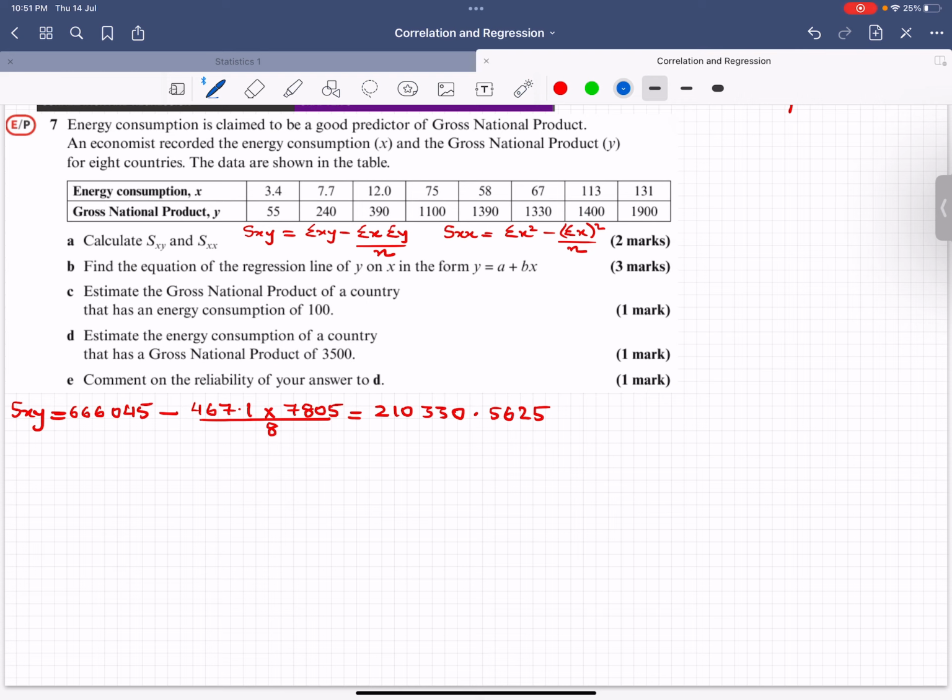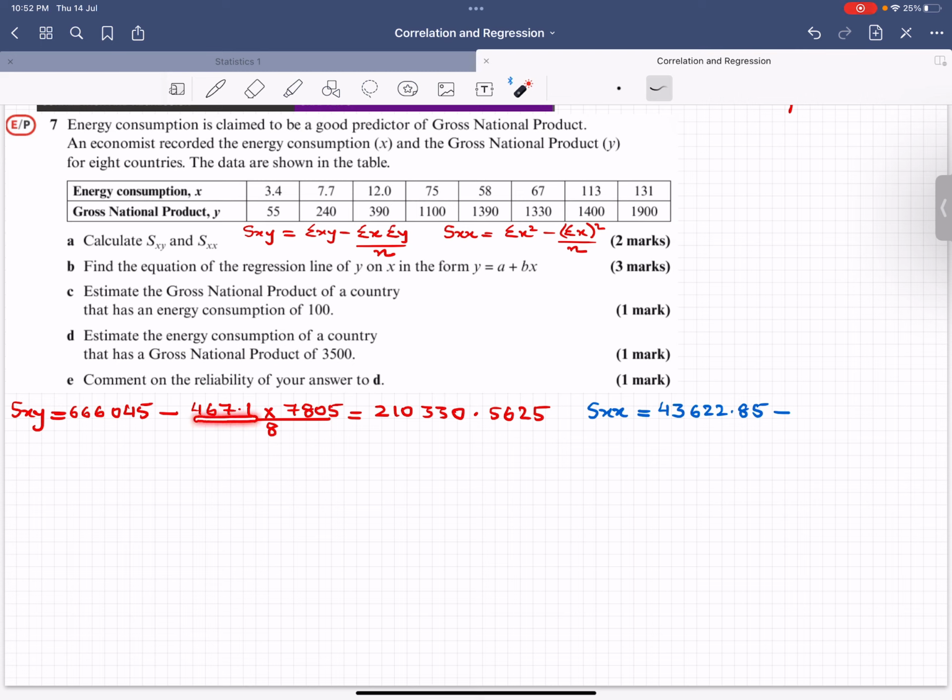So when we calculate that, we get 43622.85. 43622.85 minus sigma X, which we have already calculated earlier.